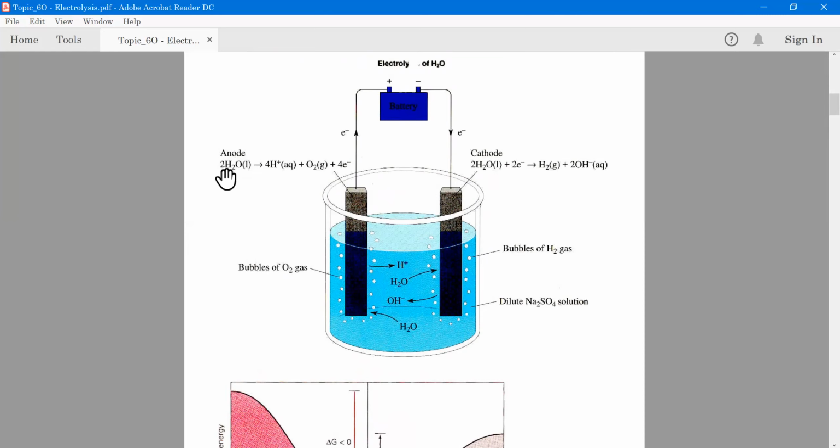At the anode, the reaction involves the oxidation of oxygen in the water from an oxidation number of -2 to an oxidation number of 0. It produces oxygen gas. At the cathode, the reaction is the reduction of hydrogen that's in water from +1 to 0. So hydrogen gas is generated at the cathode.